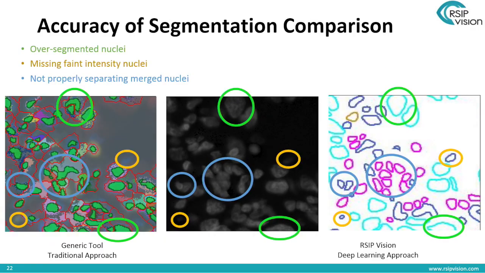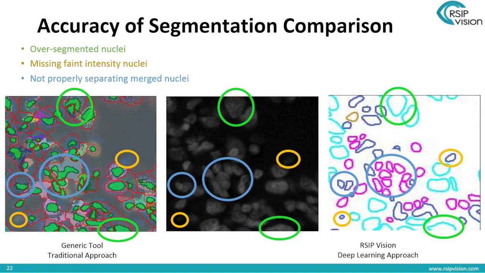This is just another comparison. So the tool on the left, I think it's called Inform, not positive. So the counts, our count is more accurate, but also the tool on the left is just not separating this clump of cells correctly. You can see in the center panel, this is quite a challenging clump of cells. It takes some domain knowledge, some experience with these images to actually understand where each nucleus is.